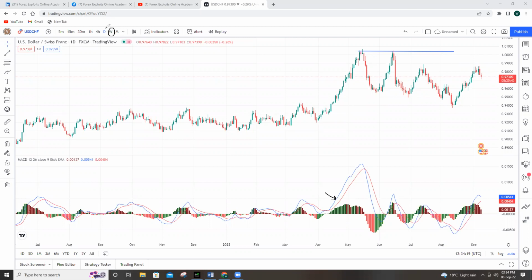I will talk about how to merge these time frames so that you know what to call the higher and what to call the lower. So if my daily is the higher time frame, that means my entry will be on the 4 hour. Therefore, on the daily time frame, I want to see the crossover of the MACD with my signal line to the top side.